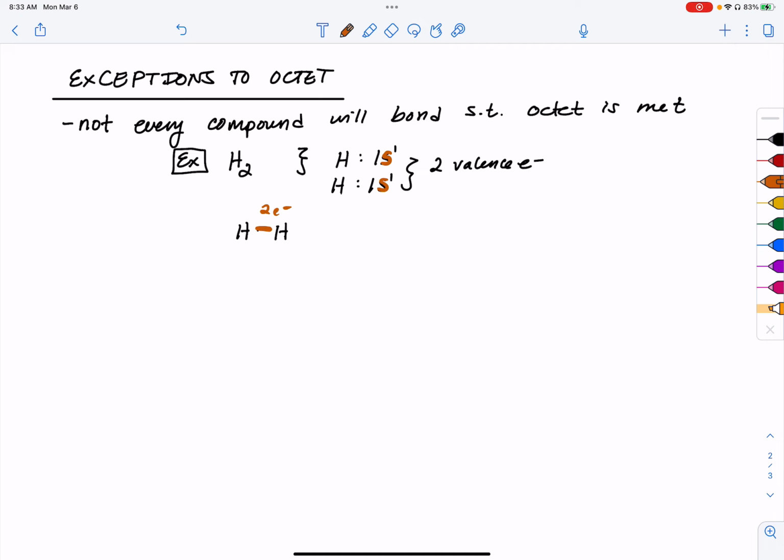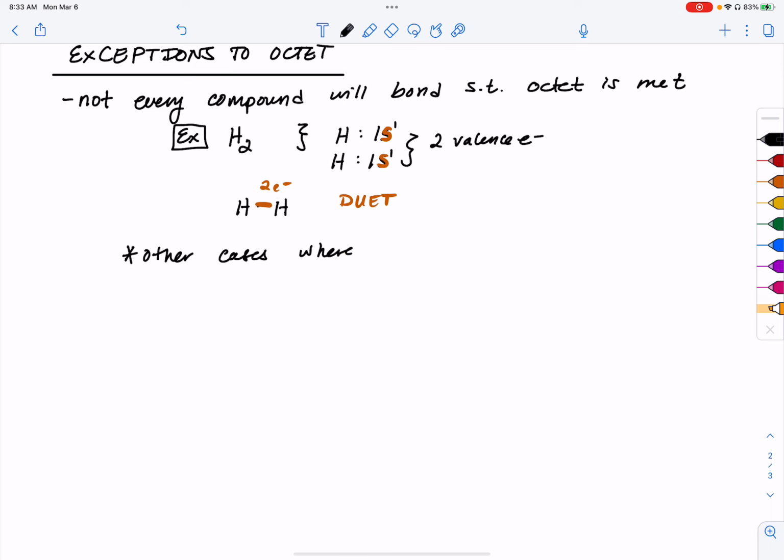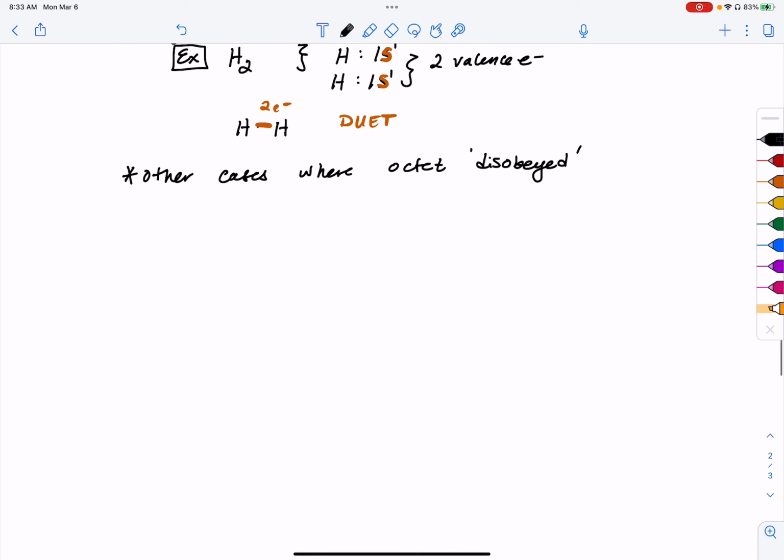But there are some other instances where octet is quote unquote disobeyed. The rule is not followed.